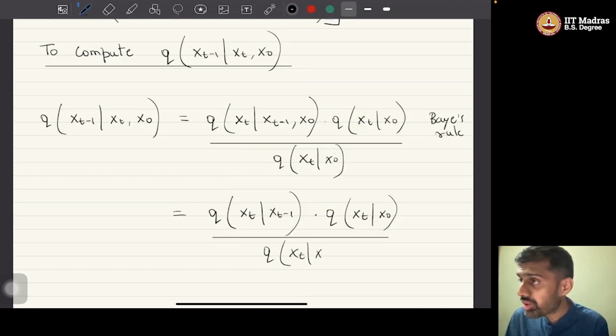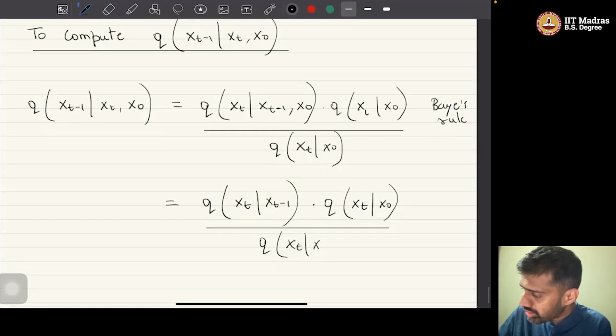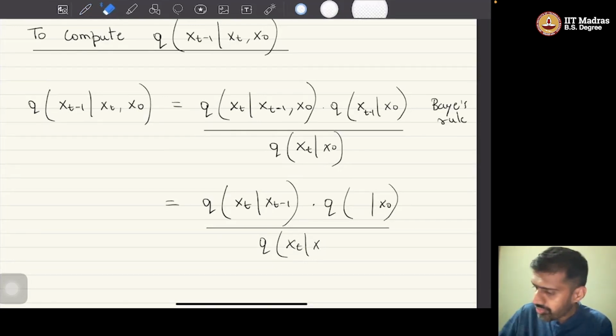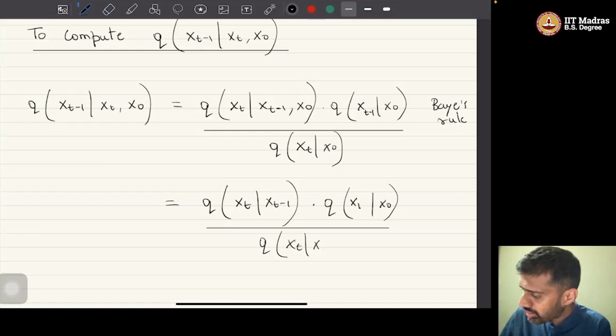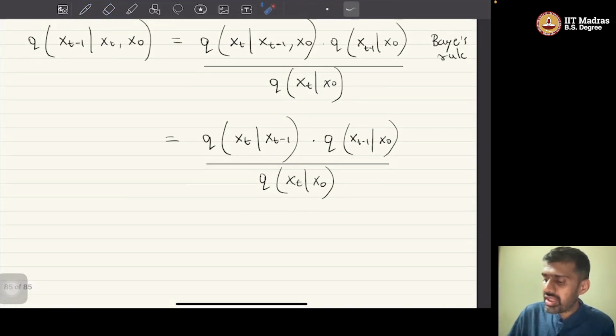Oh, what happened? This should be xt minus 1. Yeah, beg your pardon. This is q of xt minus 1 given x naught and this is q of xt given x naught. Yes. Okay.